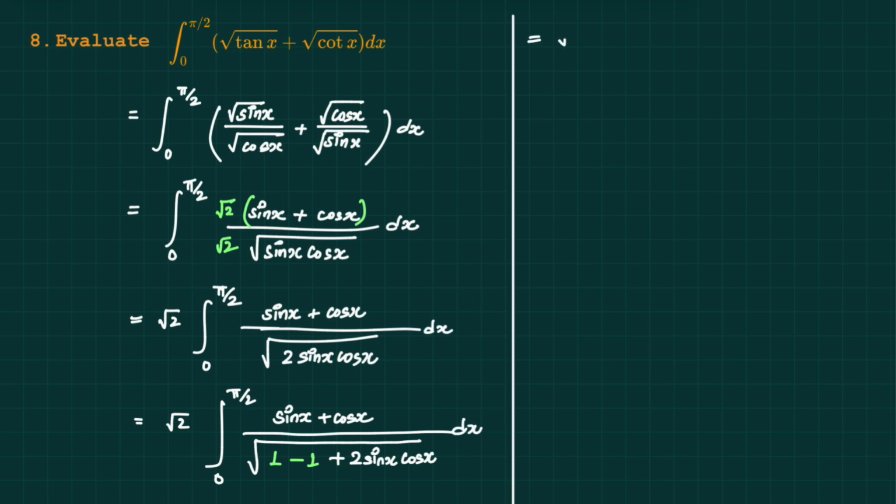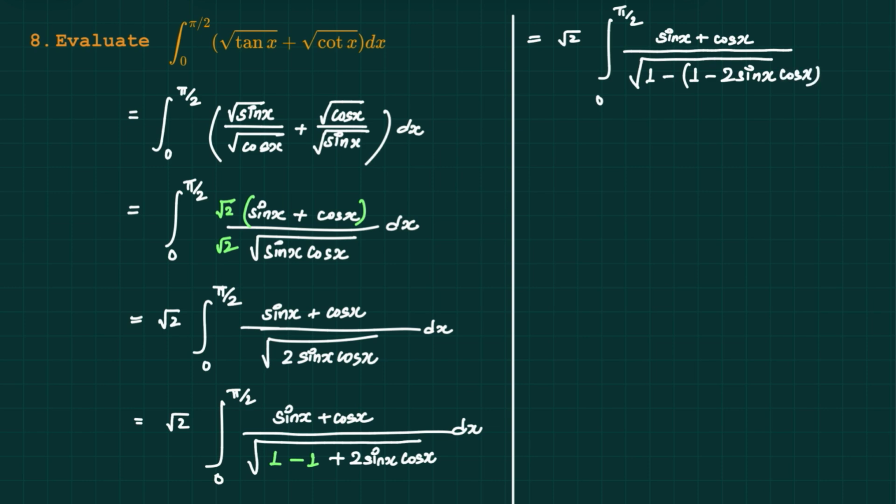Equals square root of 2 integration from 0 to pi by 2, sin x plus cos x whole divided by square root of, let us take out minus common here, then it will be 1 minus 2 sin x cos x, dx.